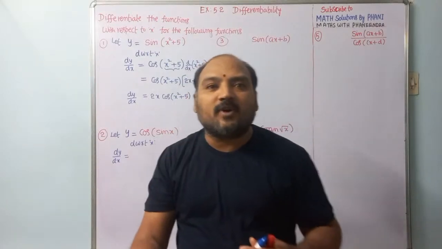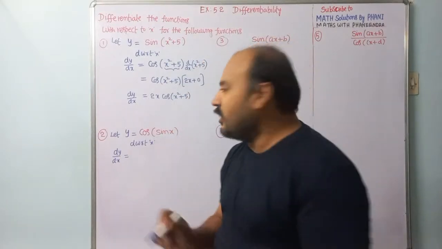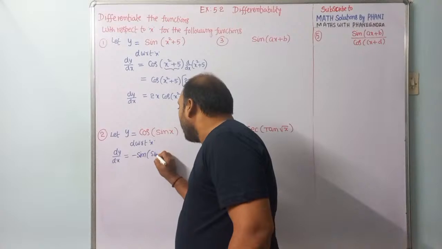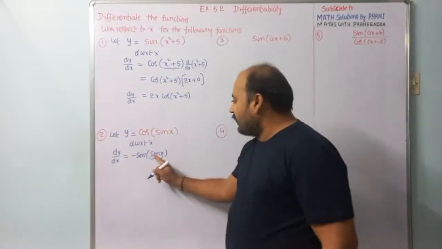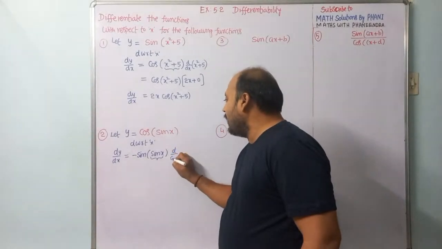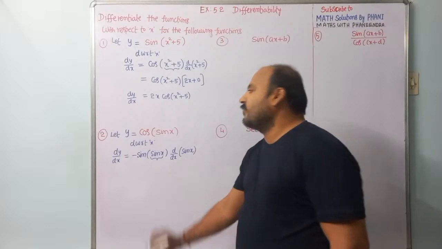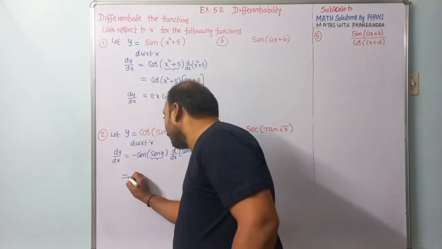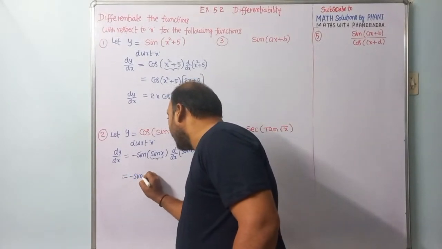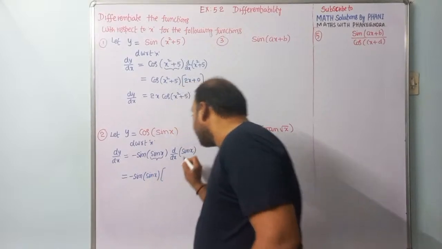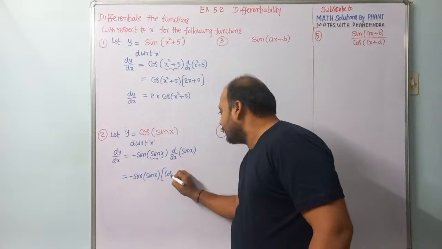d by dx of cos x is what? Minus sin x only. So d by dx of cos of sin x is minus sin of sin x. After that, whatever function is involved, you have to differentiate that function, d by dx of sin x, which is cos x.